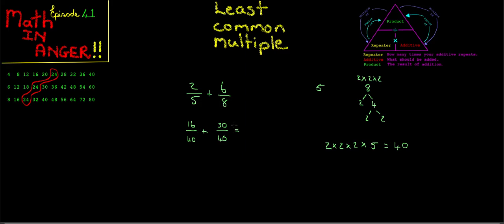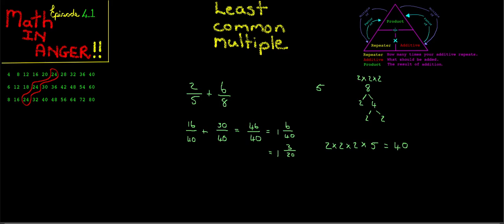And then we can do our addition here, and we end up with 46 over 40, which is equal to 1 and 6/40. And both of those are divisible by 2, so we can simplify that further. So it's 1 and 3/20. That is what we use the least common multiple for.